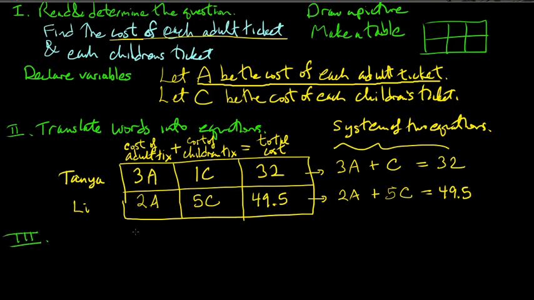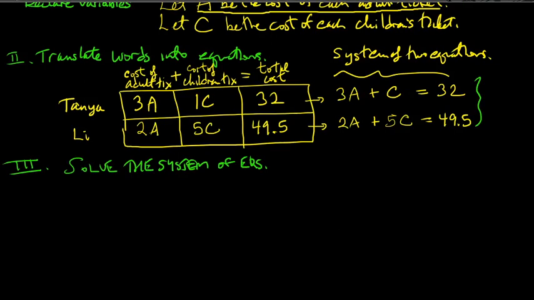This is step 3 now. Remember, we're looking for the cost of each adult ticket. We're looking for A, and we're looking for C. So in order to find those, we have to solve this system. So that's step 3. Solve the system of equations. Okay. So this might look a little bit different here because we're not using x and y like usual.